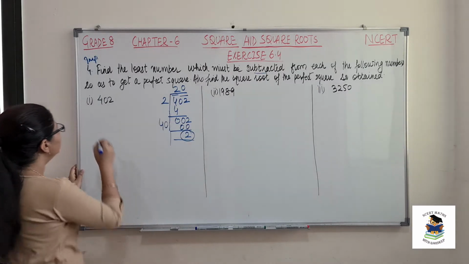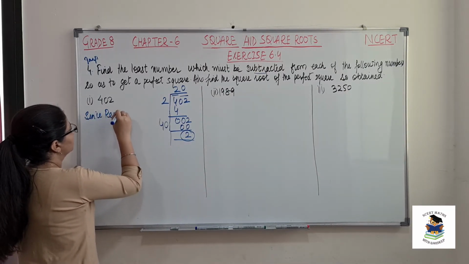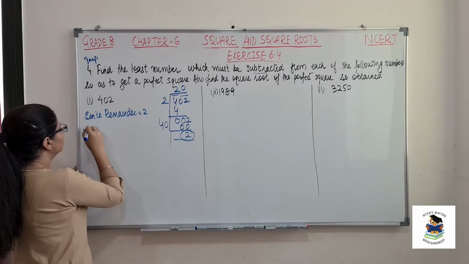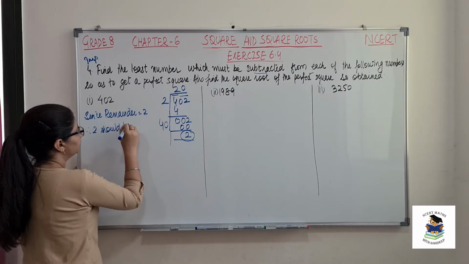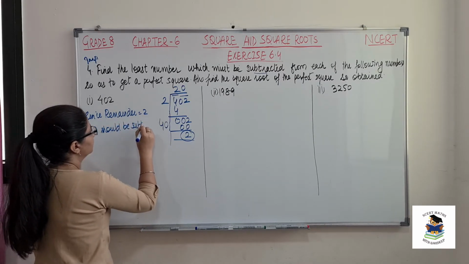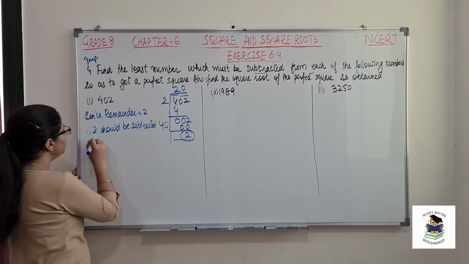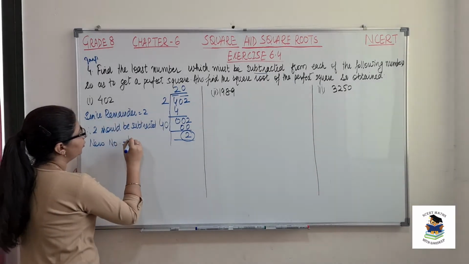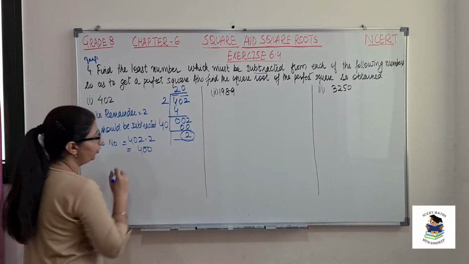Okay, so we will say since remainder equals 2, therefore 2 should be subtracted. Okay, then what is the new number? Original this is 402 minus 2, so we will get 400.